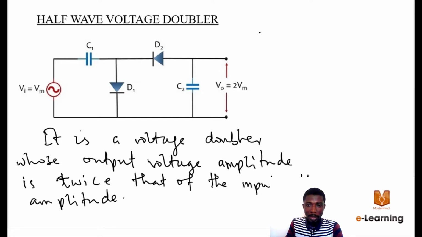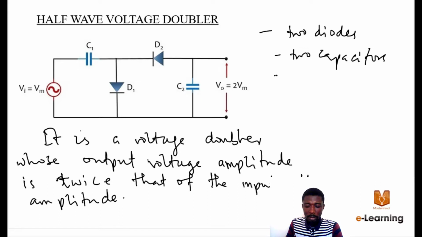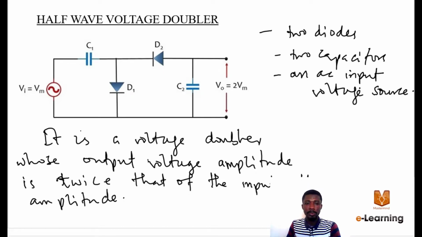It is made up of 2 diodes, 2 capacitors, and an AC input voltage source. At this point, we want you to be able to identify a half wave voltage doubler when you see it.